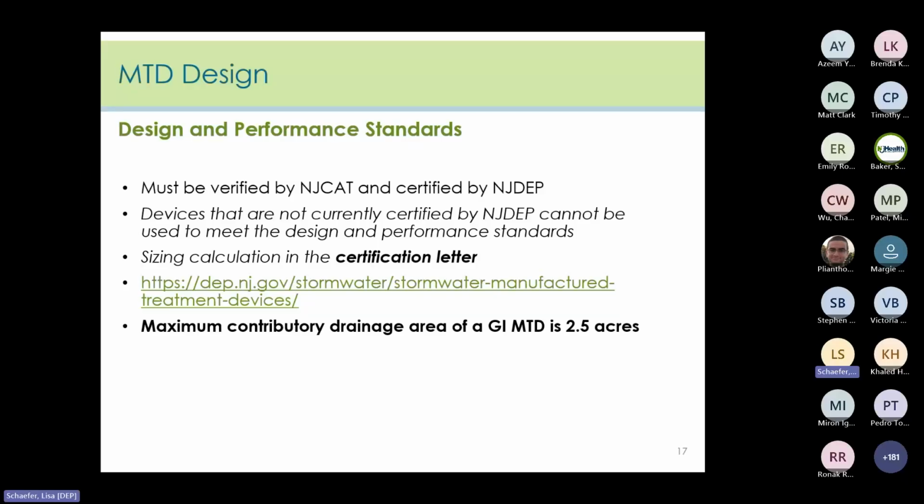And of course, the certification letter also has other criteria and conditions of the certification pertaining to the MTD. So, for example, one certification letter states that the inflow pipe can only be a single pipe. And in that case, if the site plan showed 2 pipes directing flow into the MTD, then the MTD is not designed in accordance with the certification letter and therefore cannot receive the TSS removal rate that's stated in the letter.